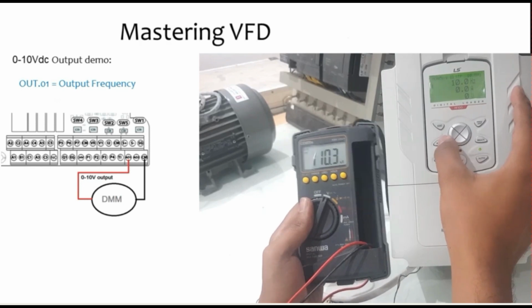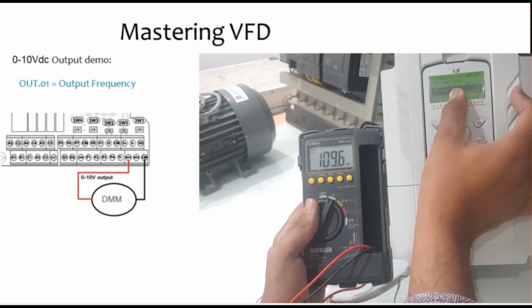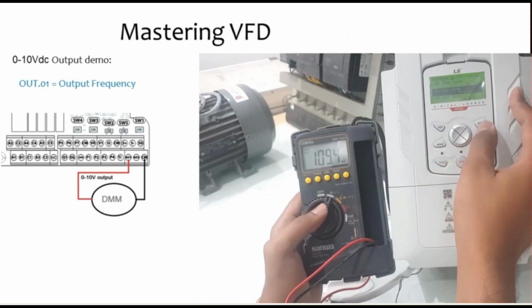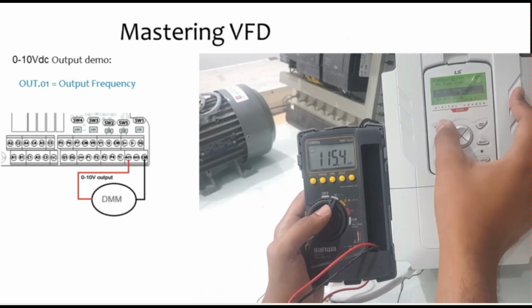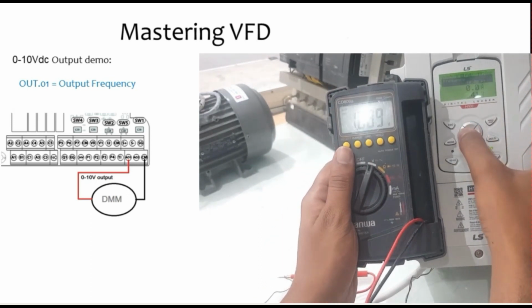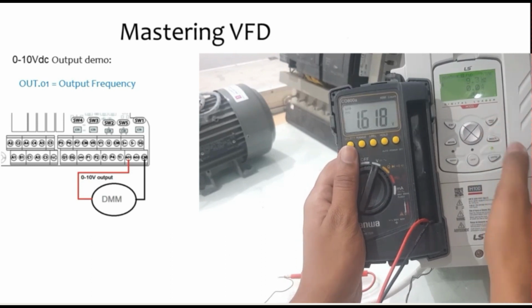First you will press mode and then you will go to OUT group. In OUT group, OU number 1 is the connection which I made with this multimeter, and here I have selected frequency. If I make it 6 Hertz, it should give me 1 volt.